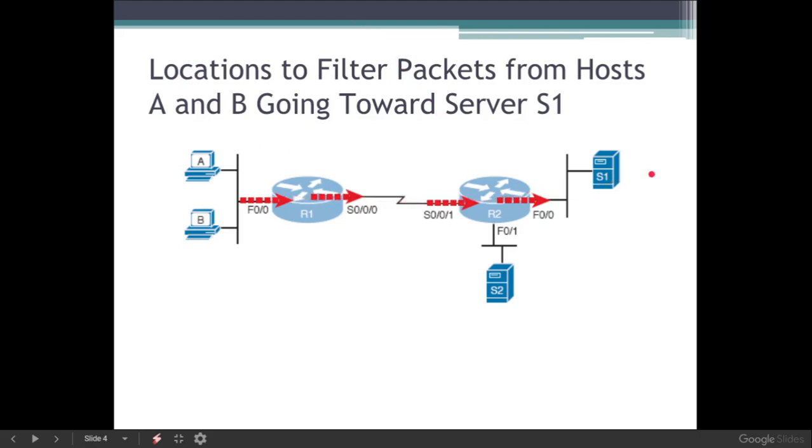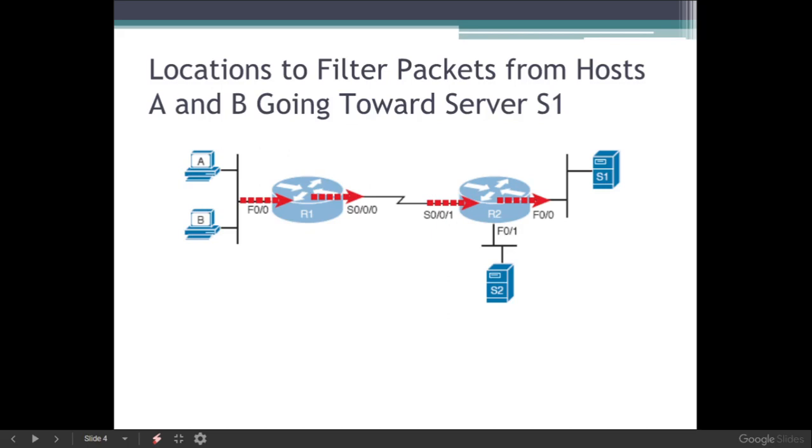Where should we filter the packets? We could filter the packets right here at the entrance of router 1, or at the exit of router 1, or at the entrance of router 2, or the exit of router 2. So you notice this is only being done on routers. That's where we put our access controls.